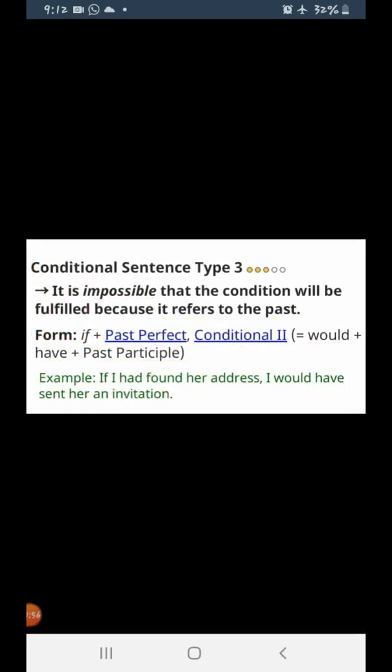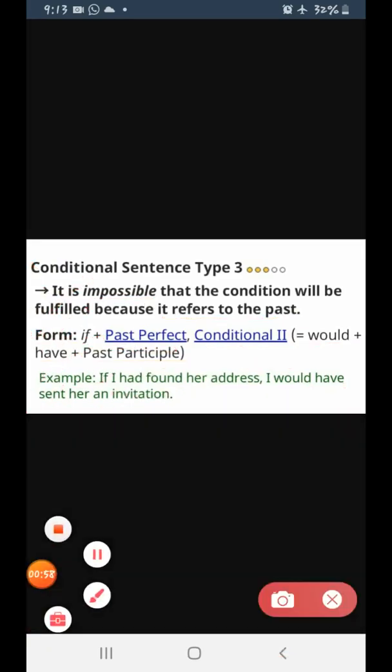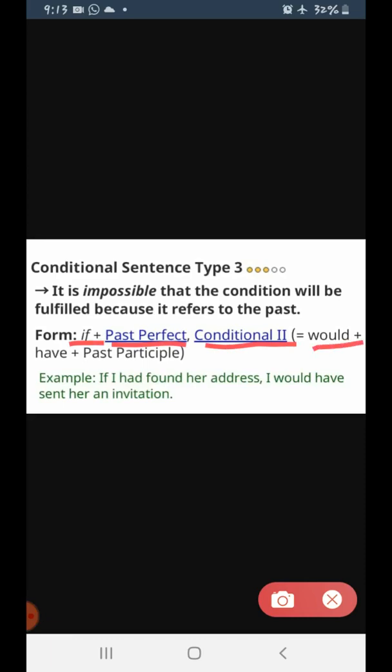I repeat again. If plus past perfect, conditional 2 is equal to would plus have plus past participle.